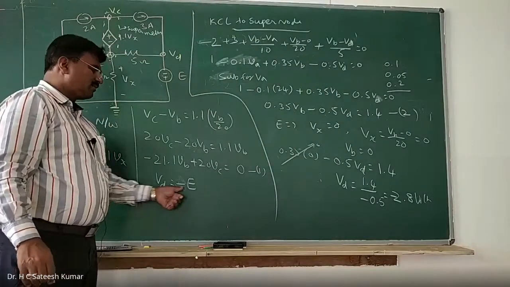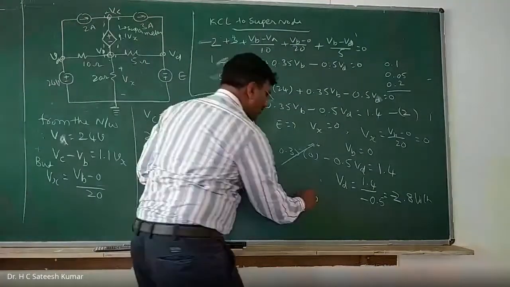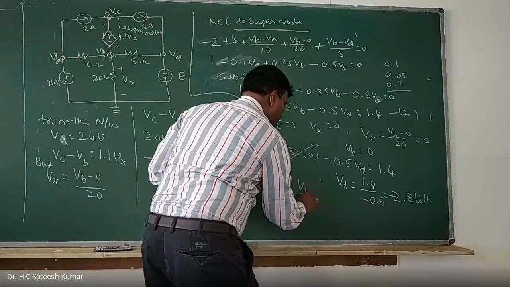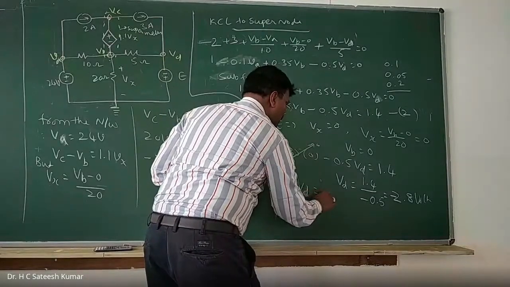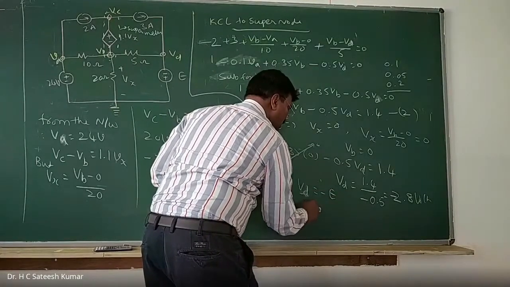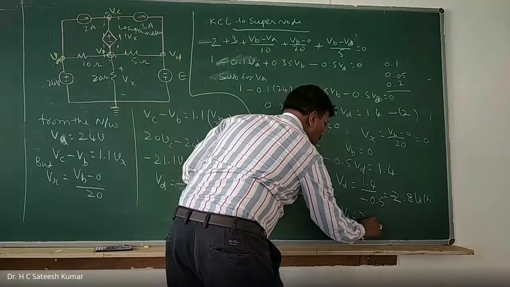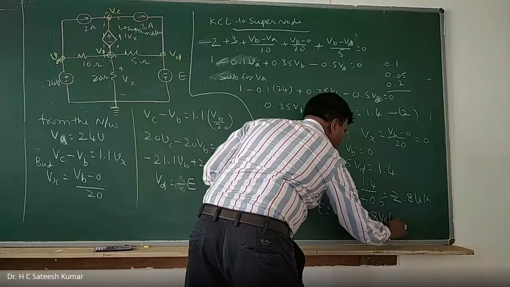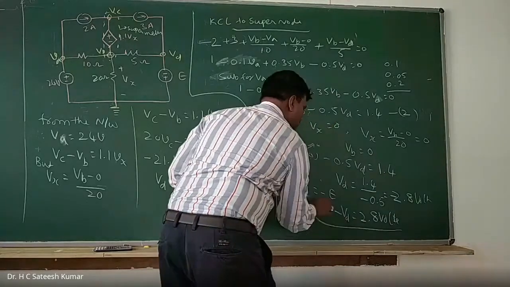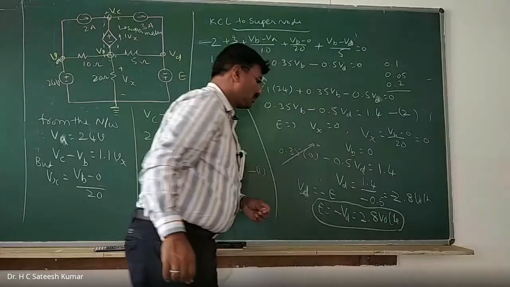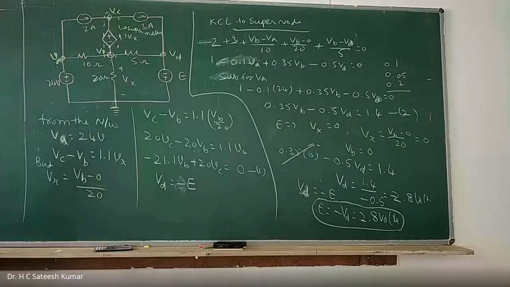Vd is equal to minus E. Therefore, E is equal to minus Vd, which is nothing but equal to 2.8 volts. That's how we should do it. E is equal to 2.8 volts.